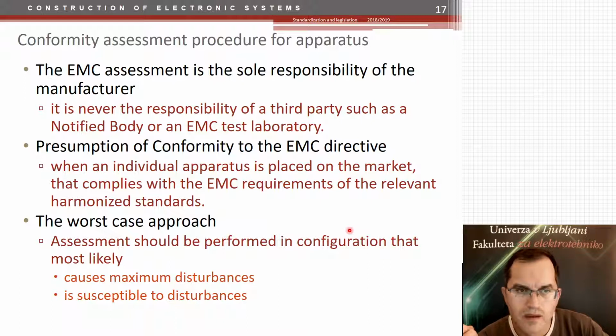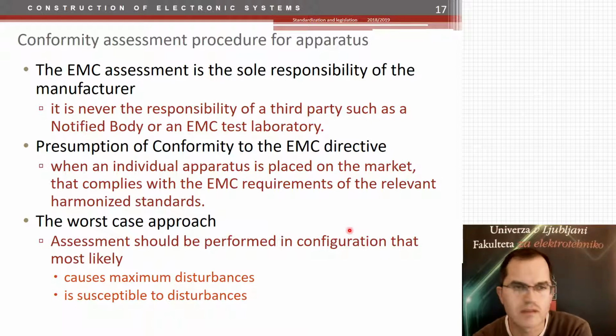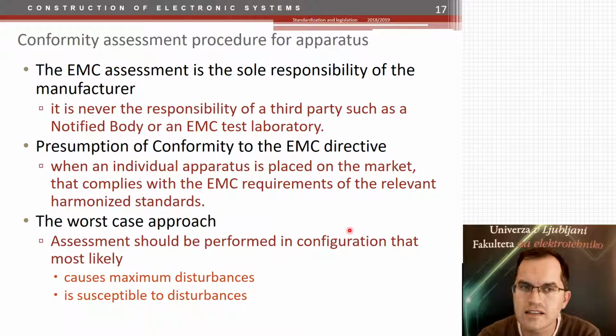So if you're measuring some electronic device, you should put the software in the mode where it works at most, with all the communication, everything running, all the connections there, all the external peripheral units connected as in the worst case. And then you measure that one. And then you assure that all the rest of the cases are lower.